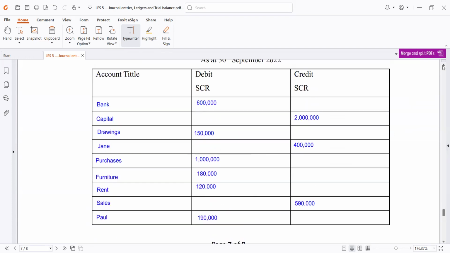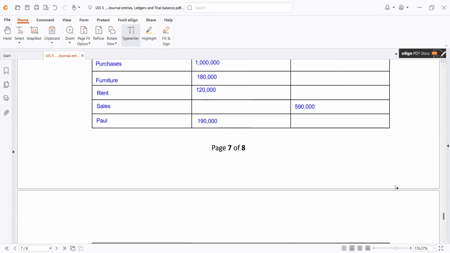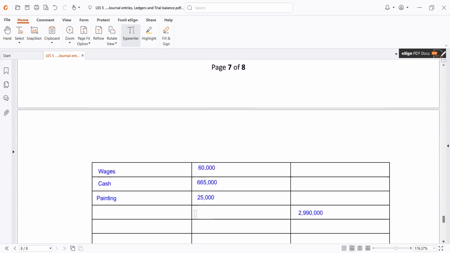So on this other side, I need to get the total. And the total is, let me use a calculator, 600 plus 150 plus 1,000 plus 180 plus 120 plus 190 plus 190 plus 60 plus 665 plus 25.